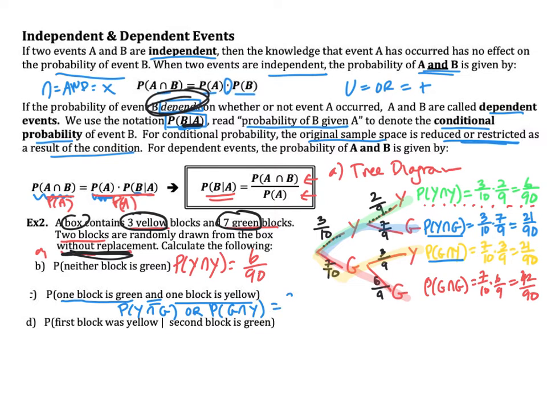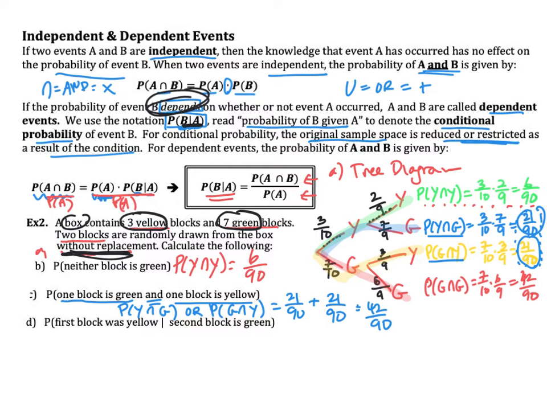Well, that or means I'm going to take the 21/90 and add the other one, 21/90. So you should get your overall answer to be 42/90. So now when I'm combining these results, I'm adding them together because it's this result or this one. So I add them up because of the word or.